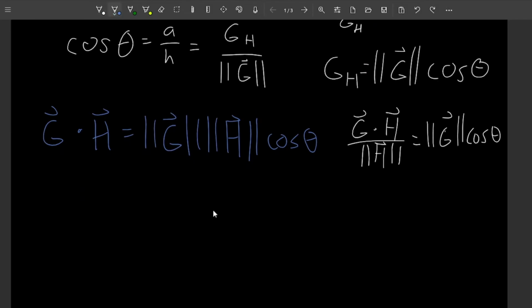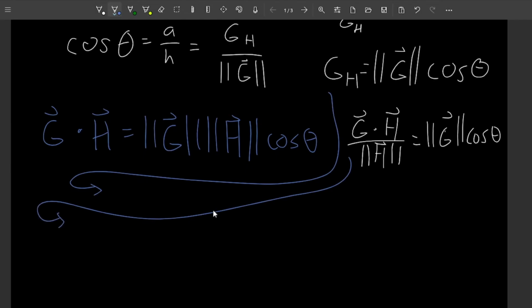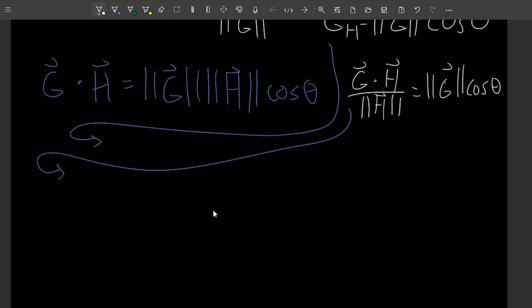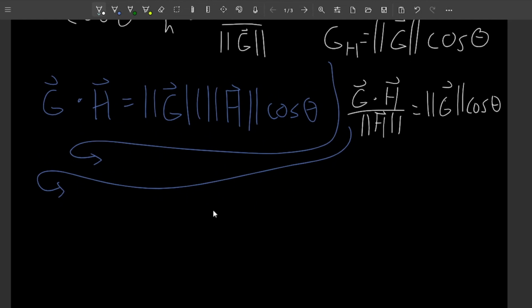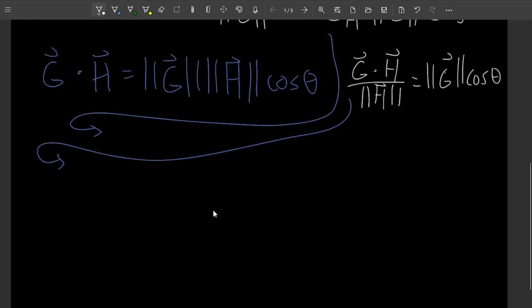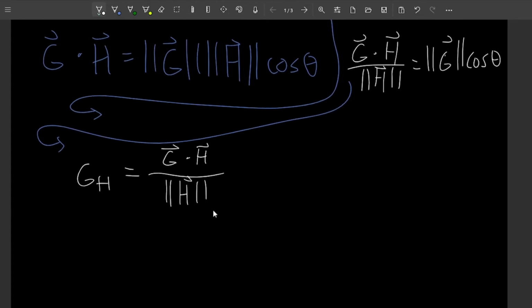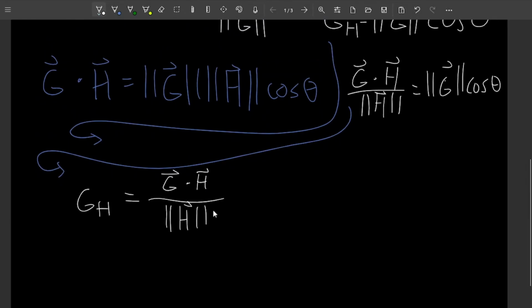Bringing these two equations together, we get g of h is equal to g cosine of theta, which means that g of h is therefore equal to g dot h over the magnitude of h. And this is where we're going to have to start solving it.